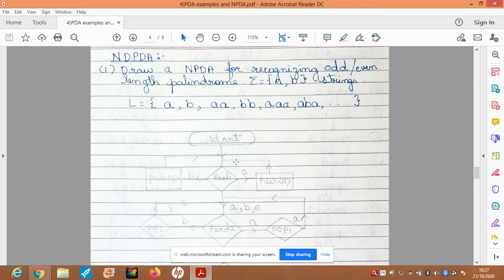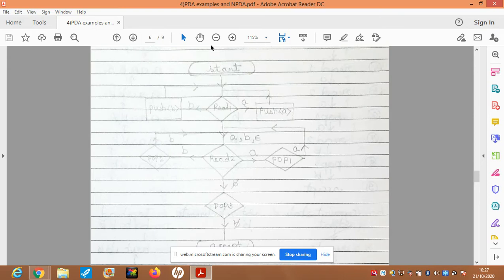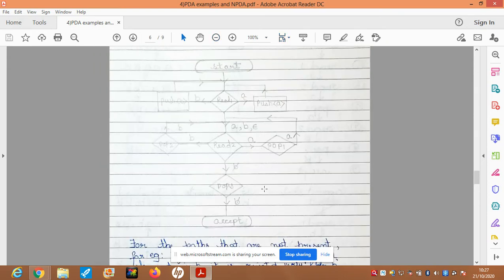We are going to draw a non-deterministic push-down automata for recognizing these, and this is the diagram drawn for it.